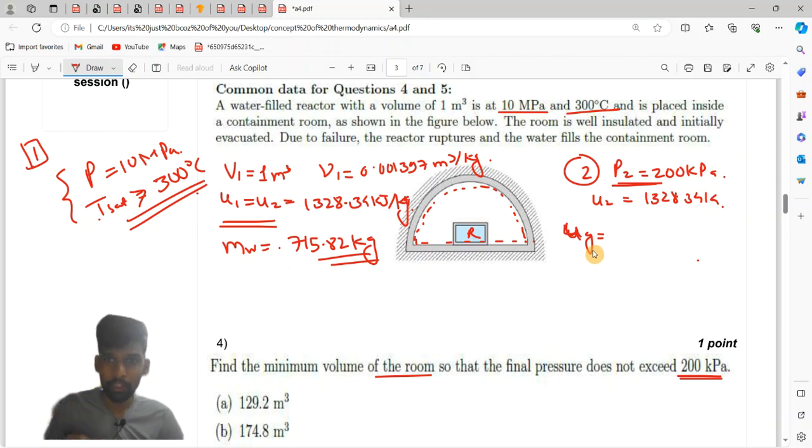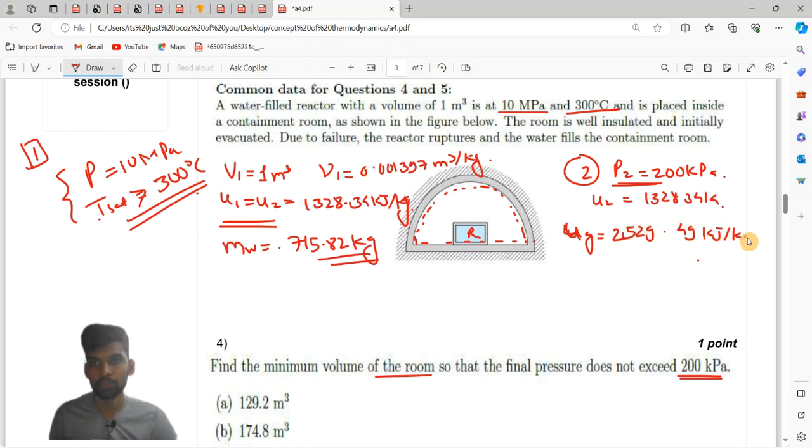Internal energy of the saturated vapor at 200 kPa, let me check, is 2529.49 kilojoule per kg.